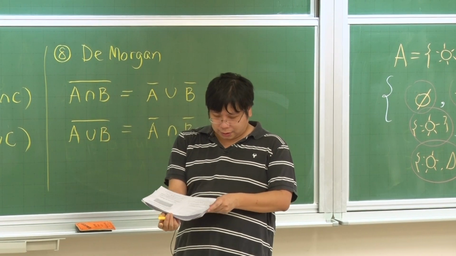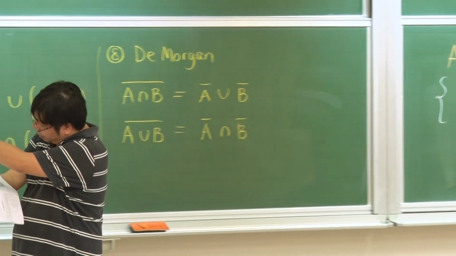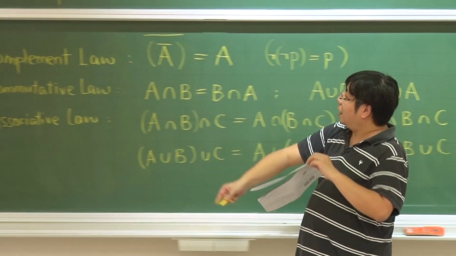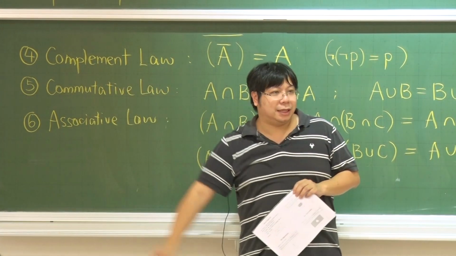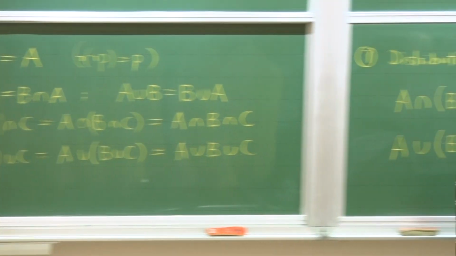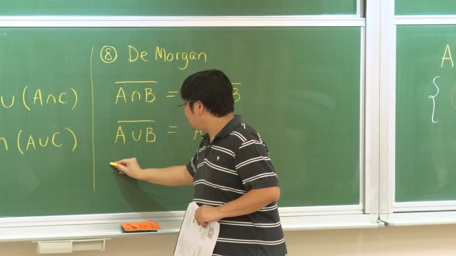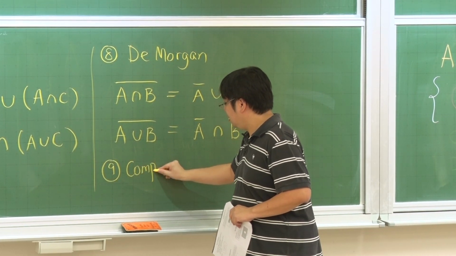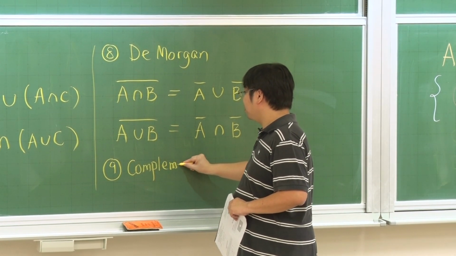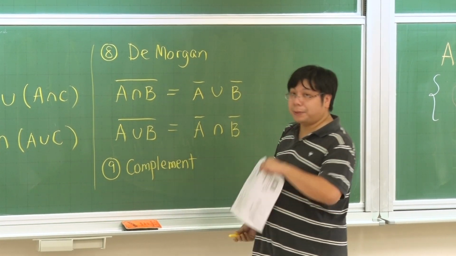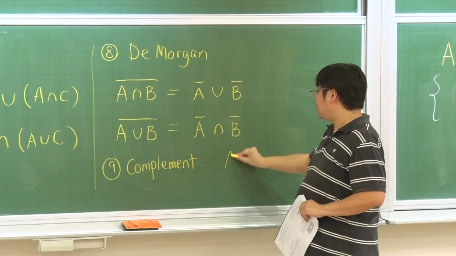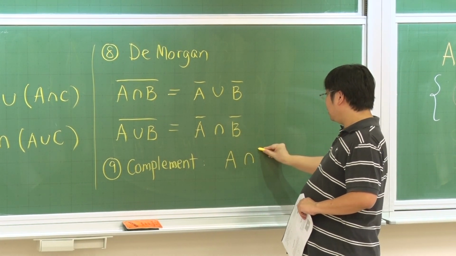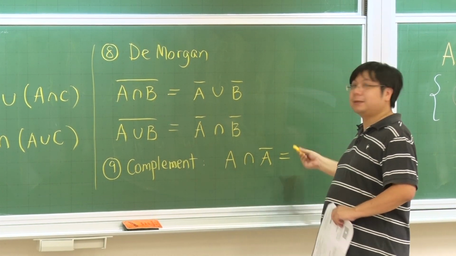That one is called, so I made a mistake. This one is called complementation law, or perhaps called negation law. There's another law called complement law. So the 9th is called the complement law, or let's call it version number 2. Complement again. So this says that if you have A, you intersect not A, what will you get?